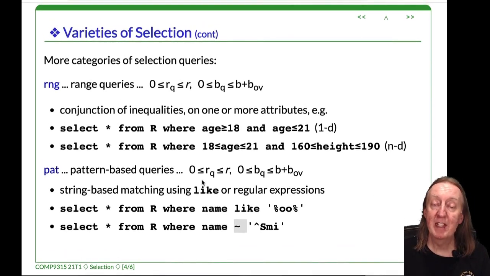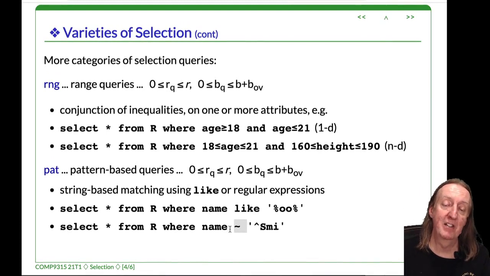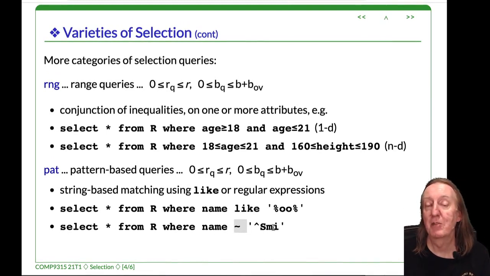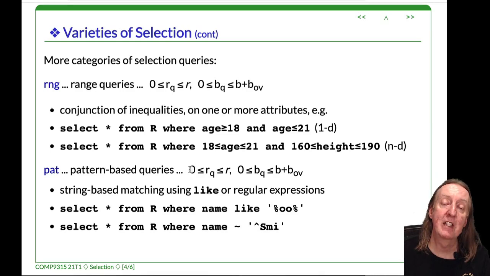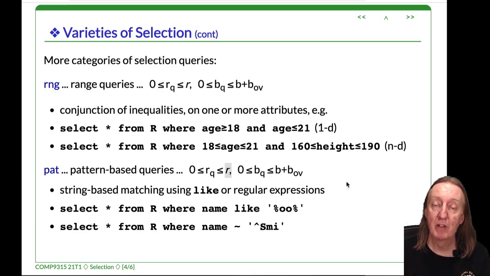Once again, if you ask a query like name tilde XYZZY, you're likely to get 0 matching tuples. But if you ask the query where name LIKE %, then you'd get everything as a matching tuple. So that's the range of tuples, and similarly, the number of matching pages could be 0, or it could be every page in the data file.